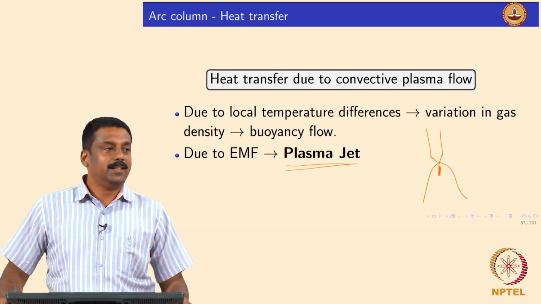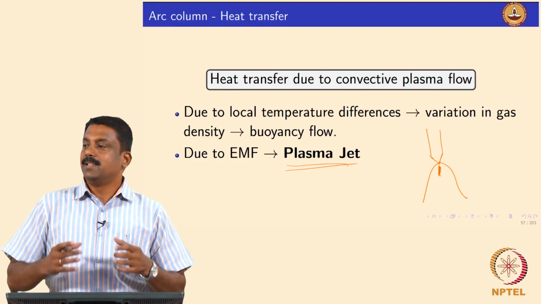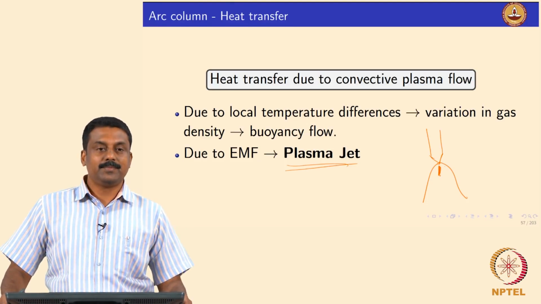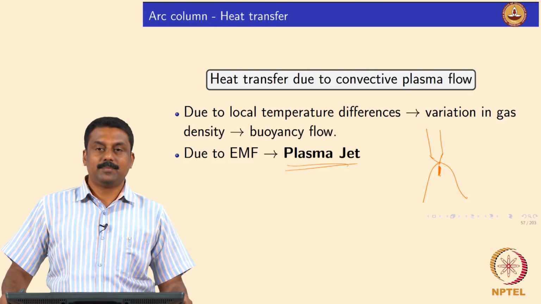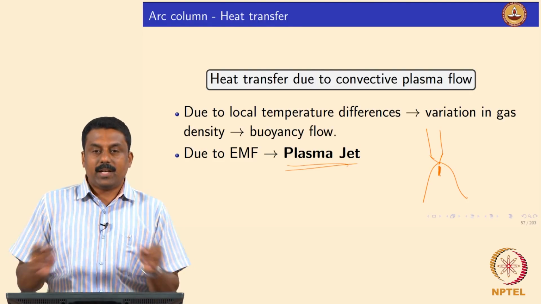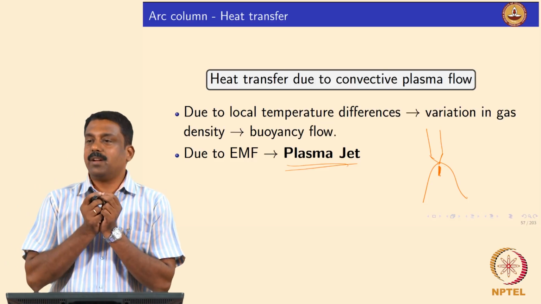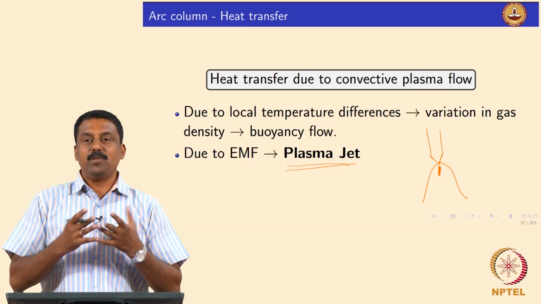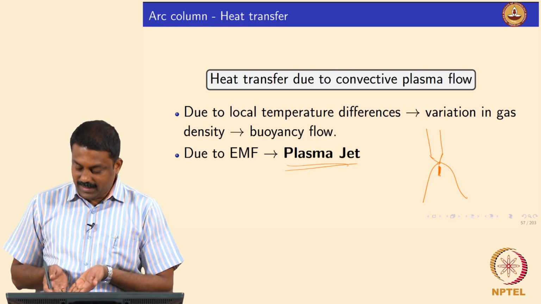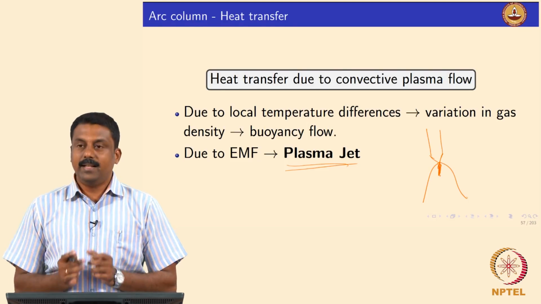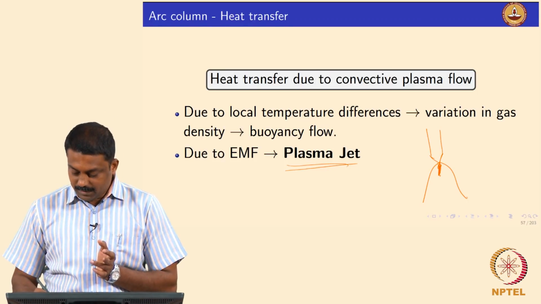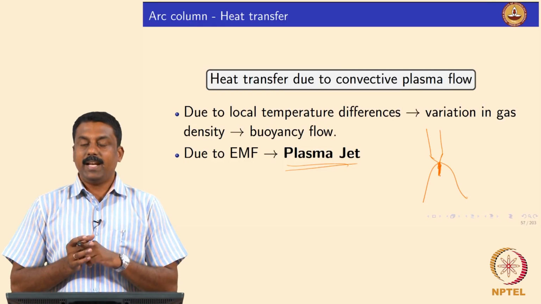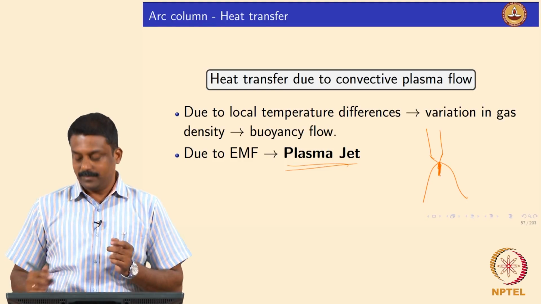Okay. So the force is inversely proportional to the distance, isn't it? If they are really close, they create an enormous amount of force to repel. So obviously, if you have accumulation of charges in one point, and in an arc you always have accumulation at the center of the arc, at the tip of the electrode, for example, then you create a force which you call the Lorentz force.